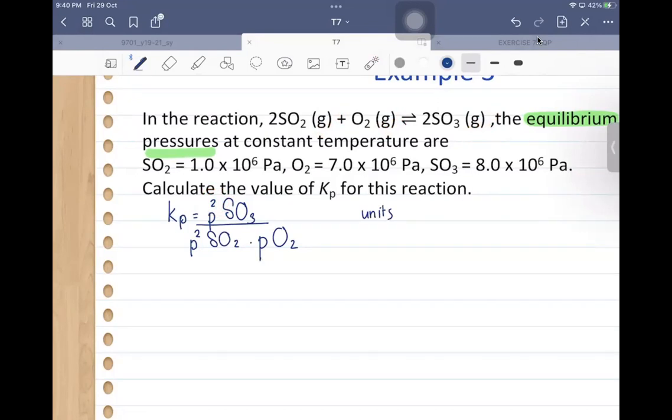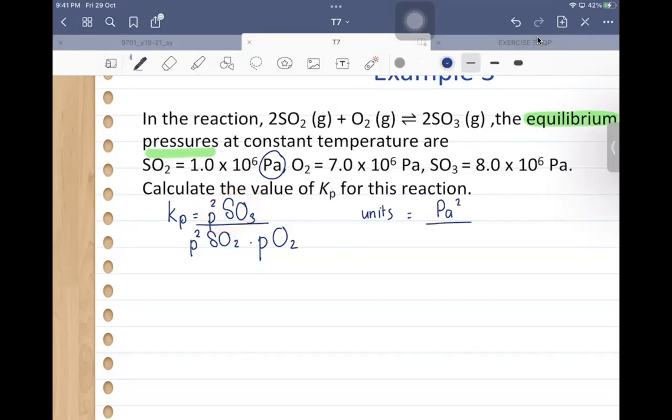You are given the units of pressure, partial pressure in terms of Pascal. So you just follow through. Top part of your expression, you've got Pascal squared because we raise the power of sulfur trioxide to the power of 2.